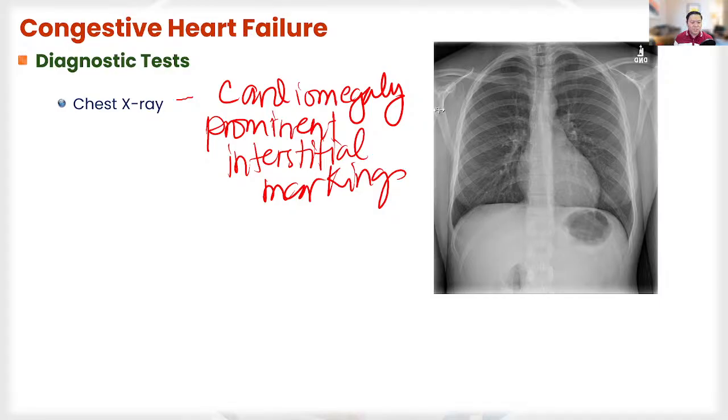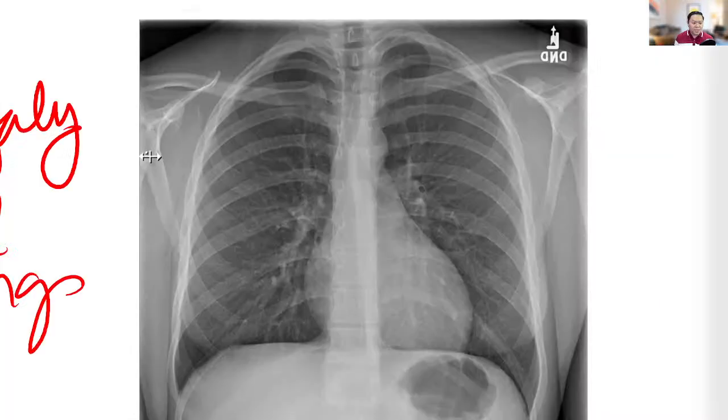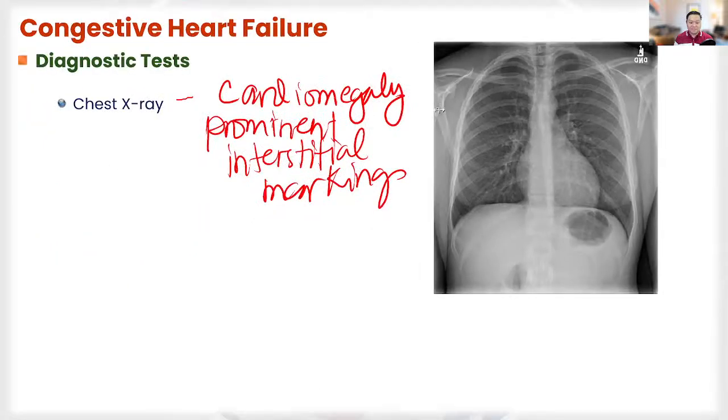So let me zoom in right here. Can you see those lines that would give you an idea that the blood vessels in the lungs are kind of dilated? Do you see those lines or outlines of the blood vessels? Are you seeing that in the X-ray? Those are what we call the prominent interstitial markings. So there is now fluid buildup in the lung tissue. And again, this signals that the patient has congestive heart failure.